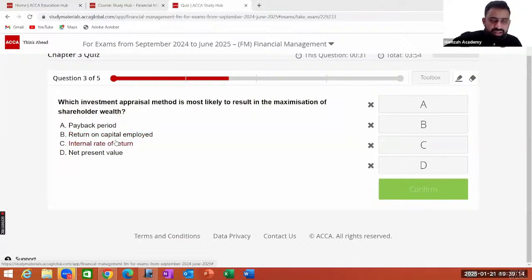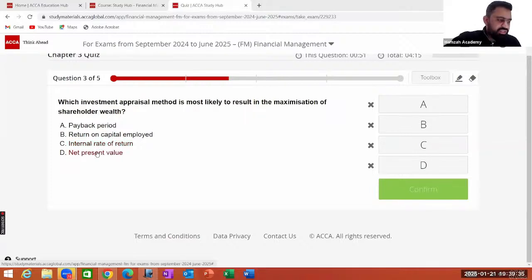Similarly, IRR is also not. We have discussed the disadvantages of these methods. They have a common disadvantage that they do not consider the size of the investment. Similarly, IRR also does not consider it.